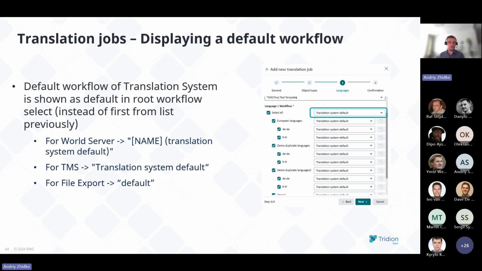For different translation management systems, the behavior and the label of that default workflow is different. For Alternural, you will see the name of the workflow and then, in brackets, translation system default. For TMS, you see translation system default. For Trados as well. For file export, it's just default. So it should simplify selection for the user for the translation workflow.